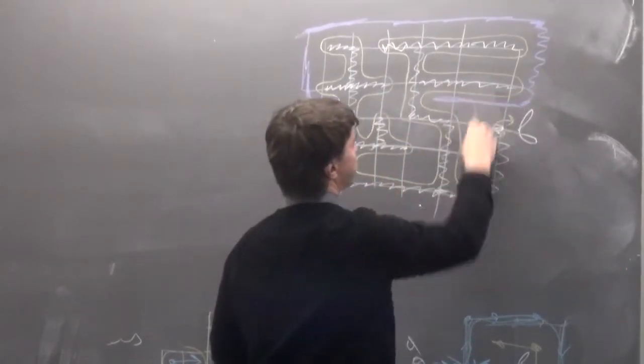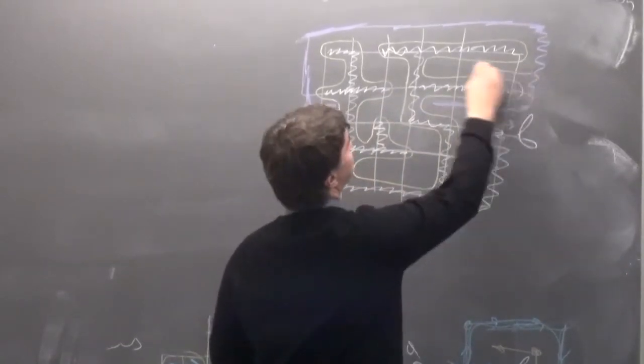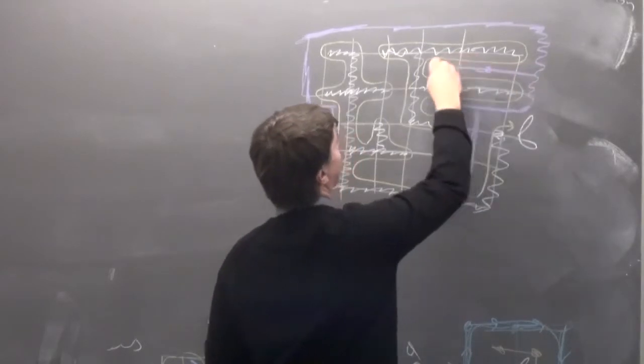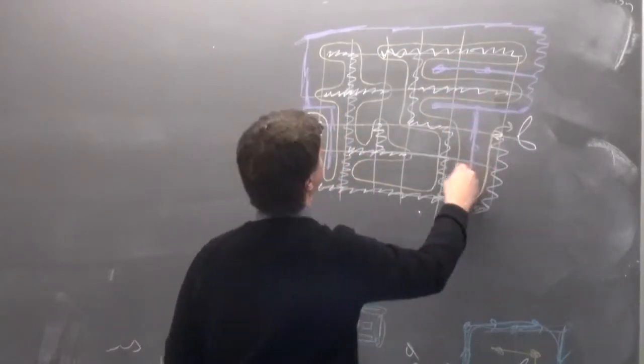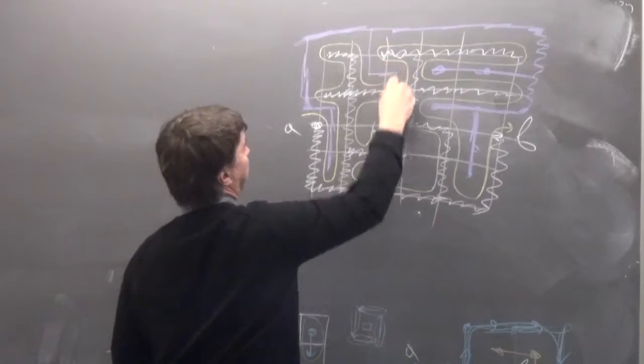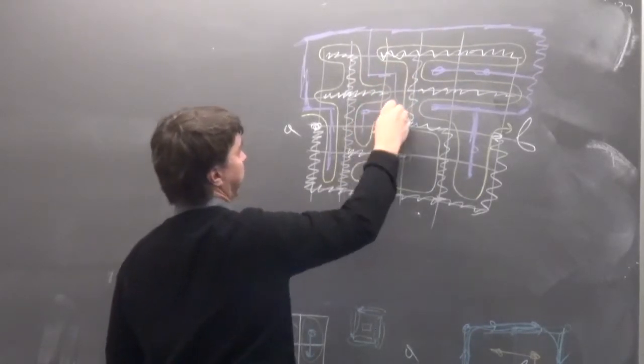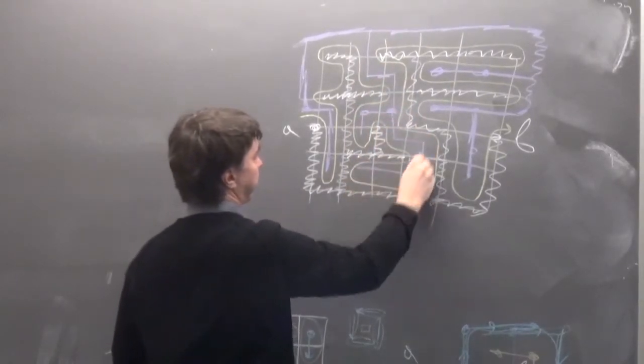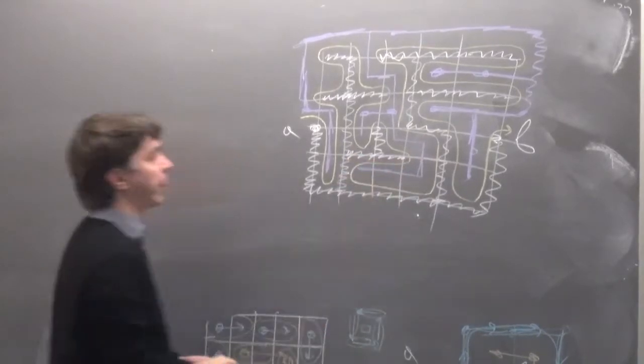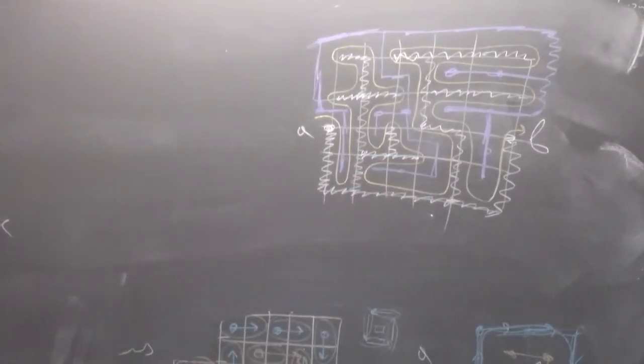So this curve goes between the tree and the dual tree.